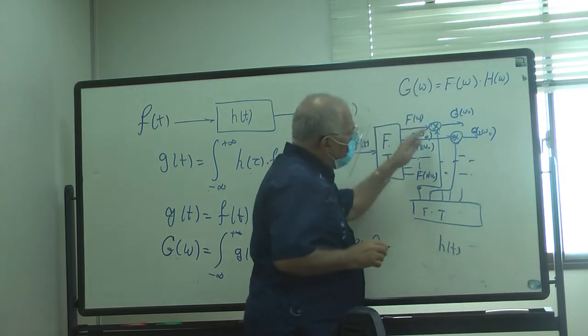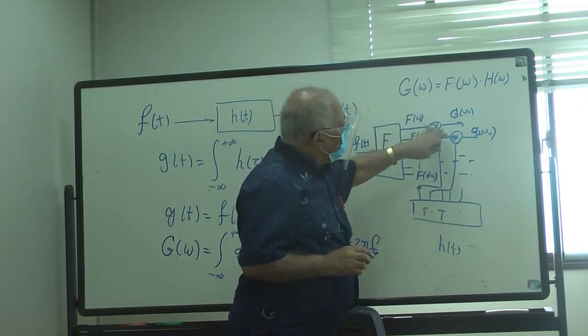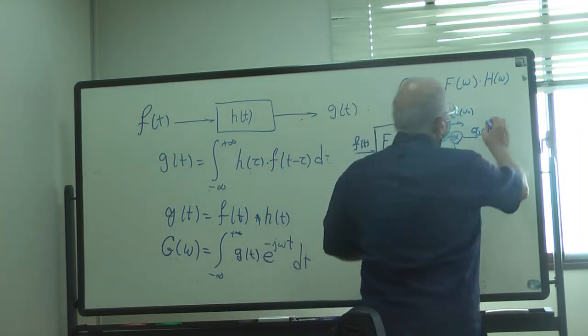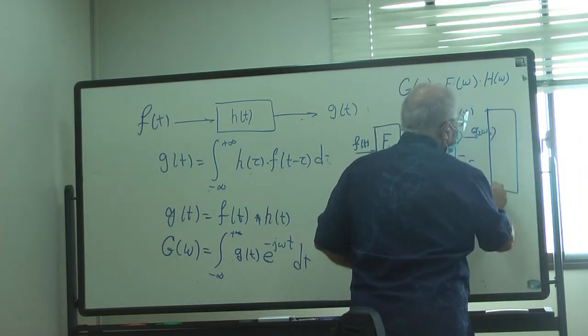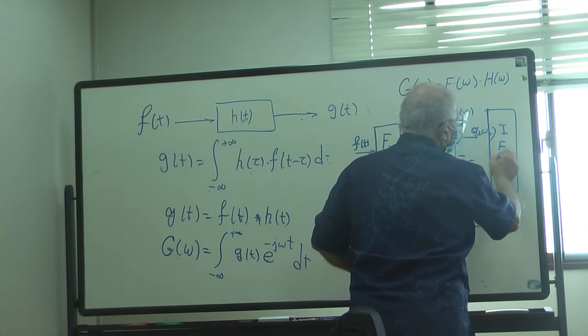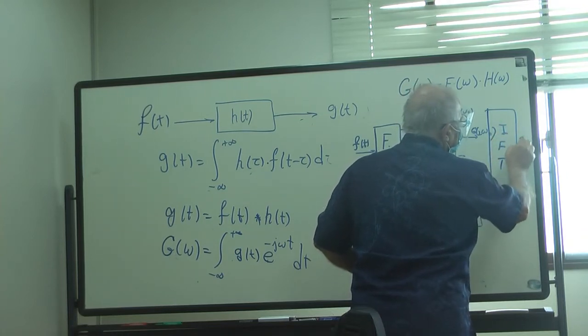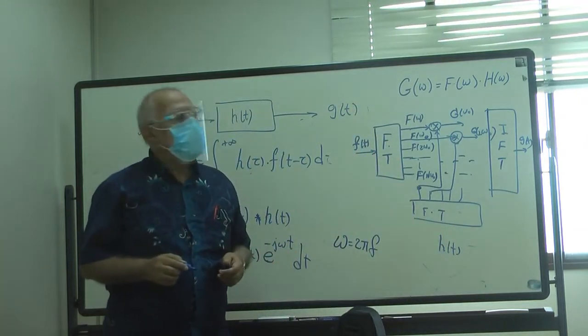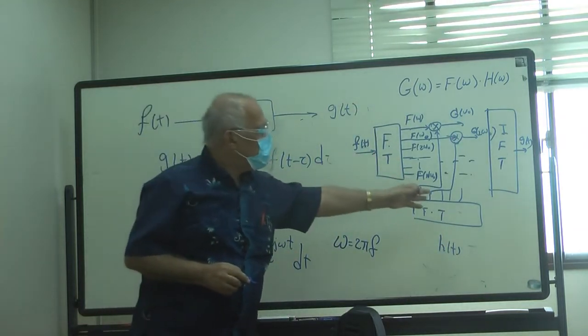So each one, just by multiplying n times, we can obtain the Fourier transform of the output. Then this can be inverse Fourier transformed, and you get g(t). It's a very simple implementation of the convolution in the frequency domain.